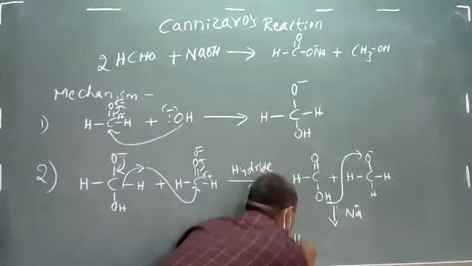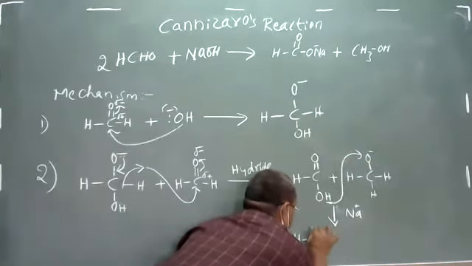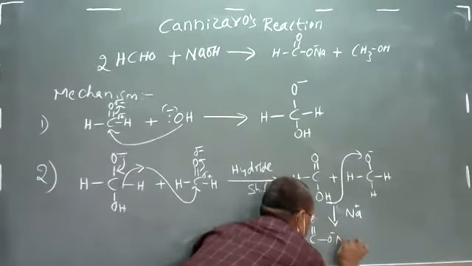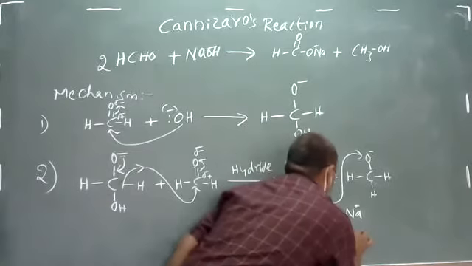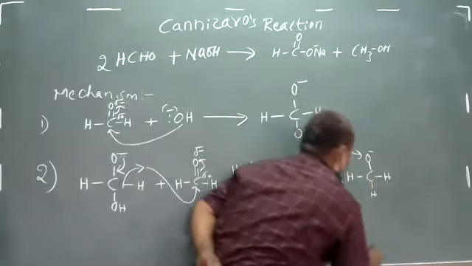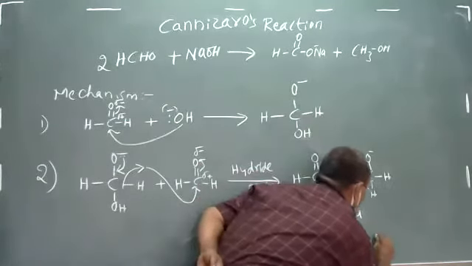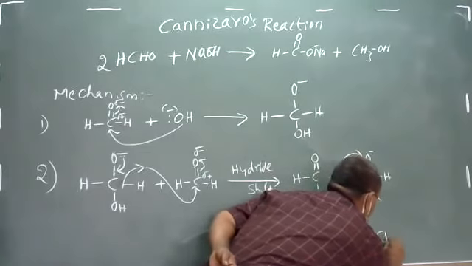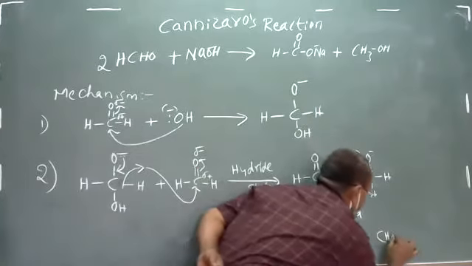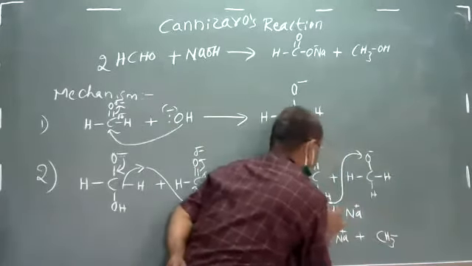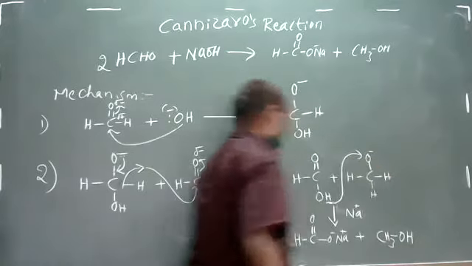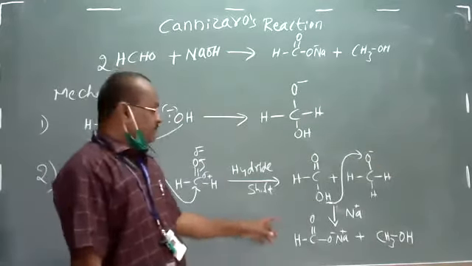Thus, ultimately, what is formed is the sodium salt of the carboxylate ion, plus this stabilizes this oxide ion to form OH. So CH3, C attached with 3 hydrogens, CH3, and O minus is converted to OH. So this is what is formed.